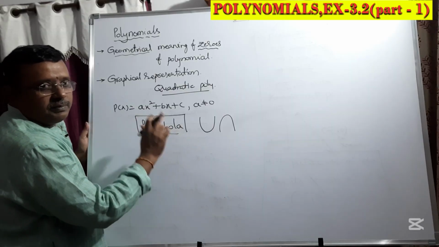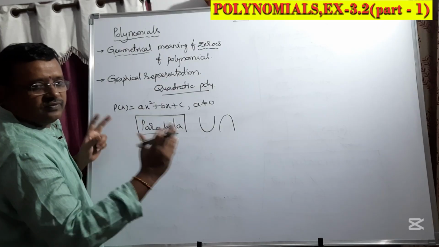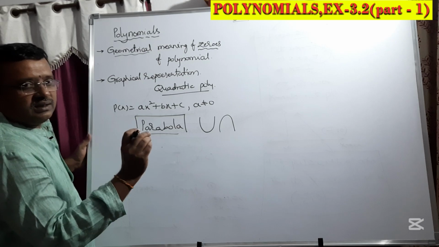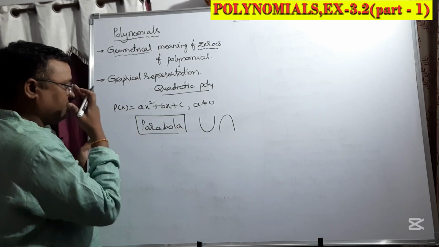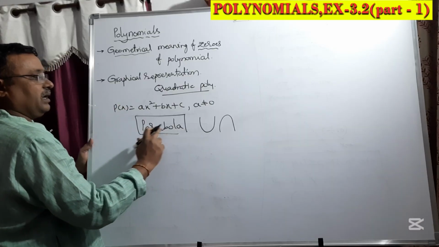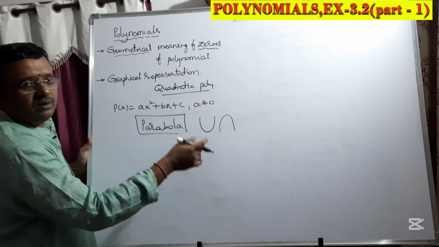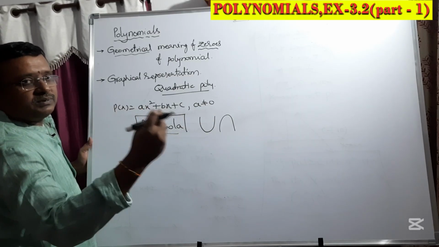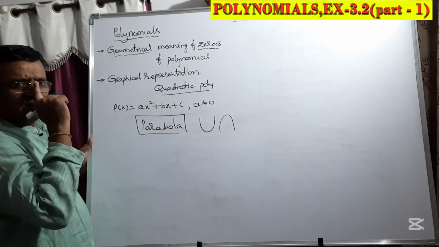Regarding the graphical representation of quadratic polynomials there are a lot of concepts, but from the public examination point of view only a few things are important: when the parabola will open upwards, when it will open downwards, and what types there are to generate the zeros. I will explain in just 2 minutes.